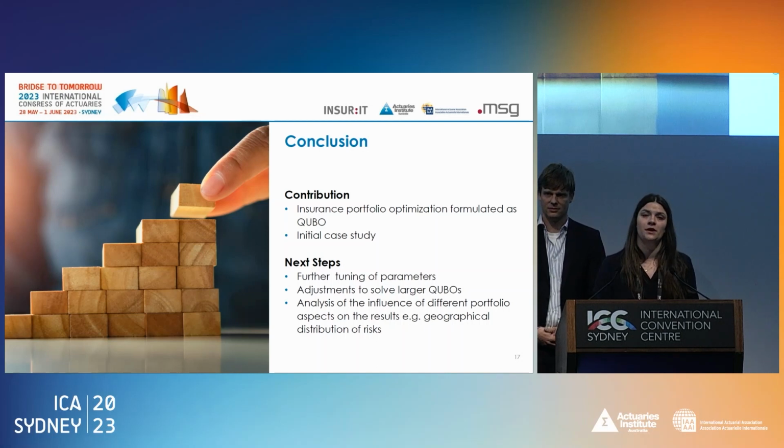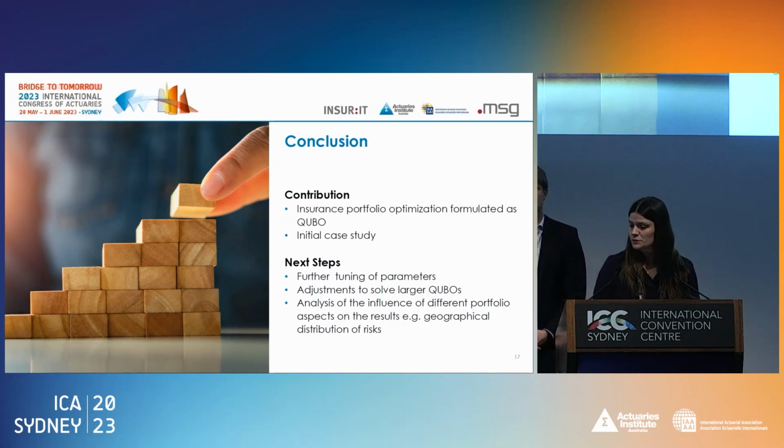Next steps could be further parameter tuning. On one side, tuning the Q4 so that we get more valid results, and tuning the Q1, 2, 3, so that we can get better results. And there's also the possibility to tune the input parameters from the D-Wave.